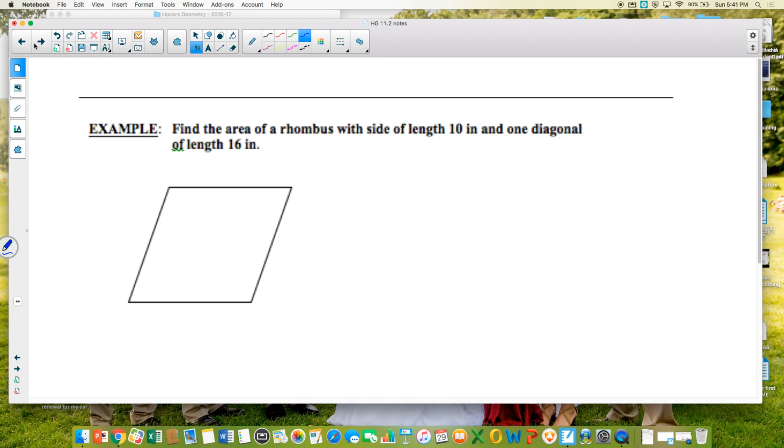Right. And then last part, last example. Find the area of the rhombus with side of length 10 inches and one diagonal of length 16 inches. So if we use our picture, we know each side is 10 inches.